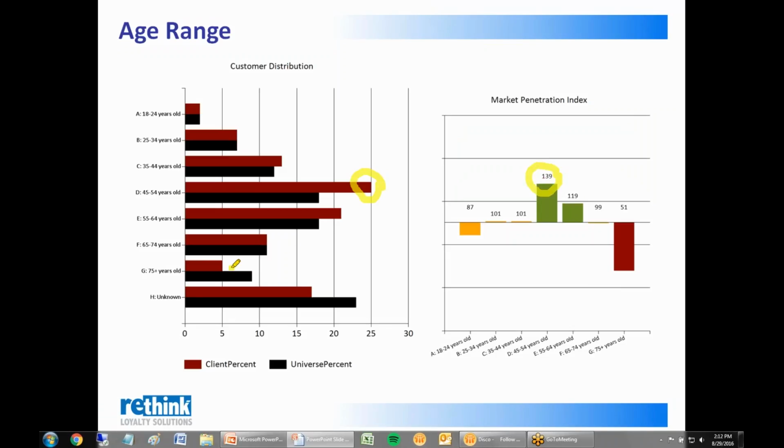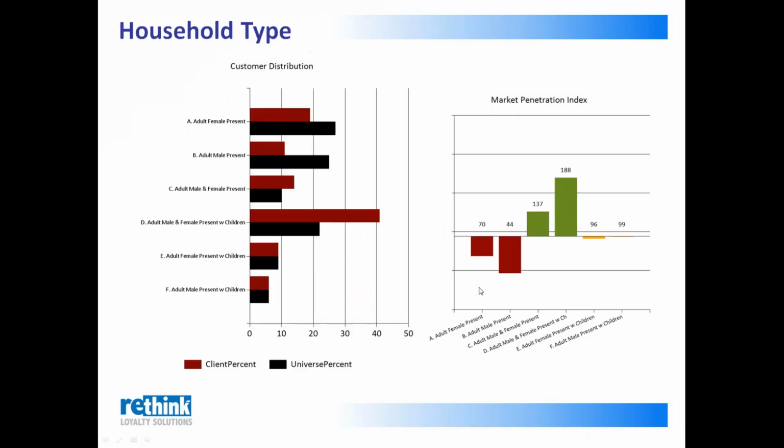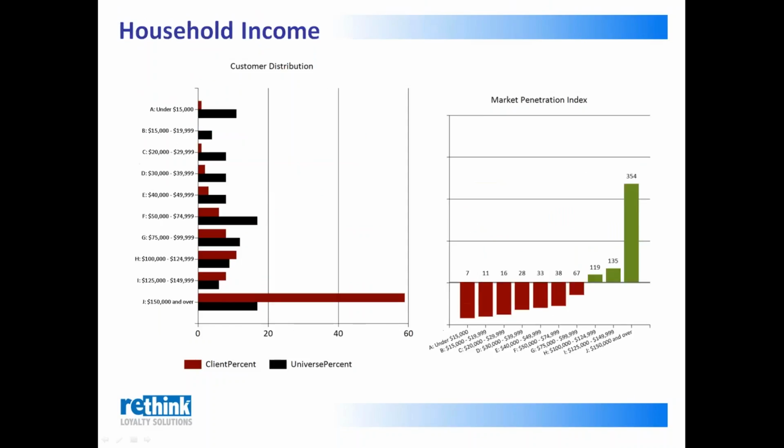Are we going to throw out people who are 75 plus or 25 to 34? No, we're not. If they happen to be 75 plus or 25 to 34 and they have the right income, the right family type, like if you look at the income slide, which we'll come to in a minute, you see that it's highly over-indexed for high income.